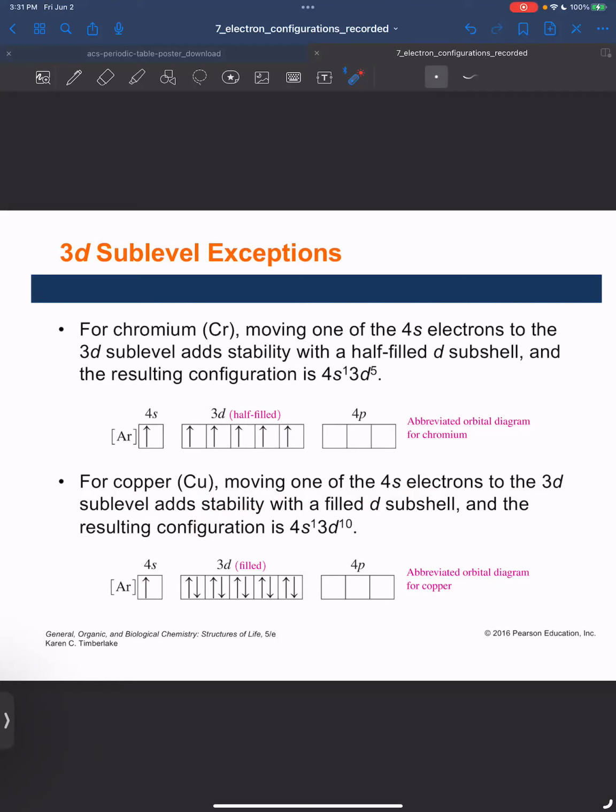Like I said, we're not going into the reason why, but we're just understanding that it's adopting the configuration that makes it more stable and therefore more happy. And so that's all I care that you understand for those two exceptions. So having these all half filled is better than having one of these filling up the 4s2. And same thing here.